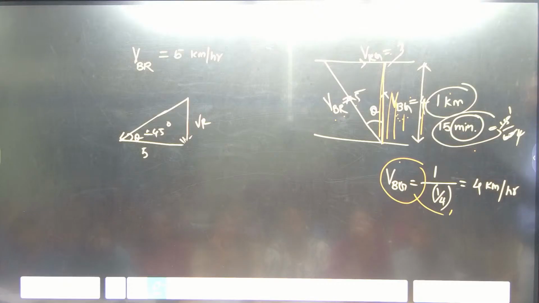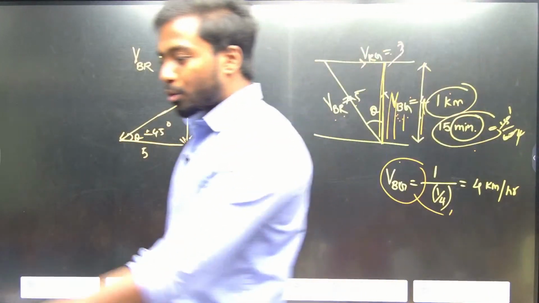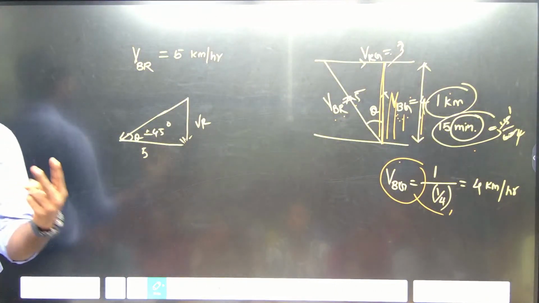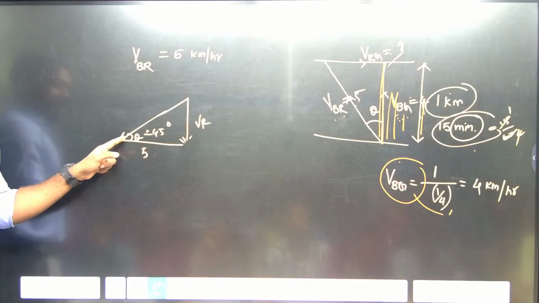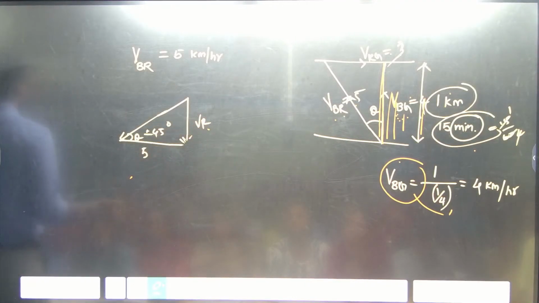Pythagoras theorem means I don't know two unknowns. Tan theta is opposite by adjacent. That's it. Don't go for two unknowns, try to find what is there. Tan theta is opposite by adjacent. Right now tan 45, that's it.